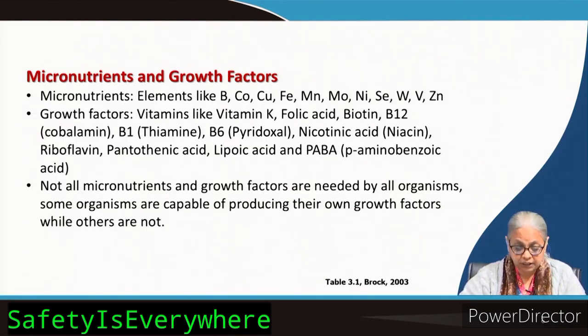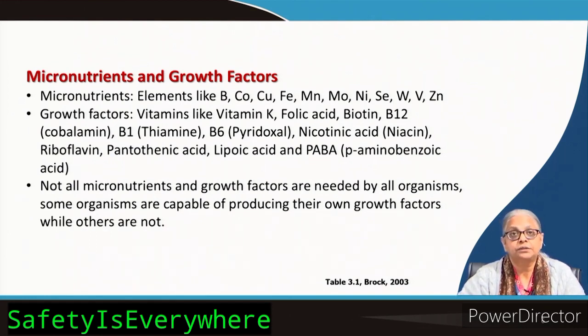Then we come to tungsten, which is part of formate dehydrogenases and oxotransferases of hyperthermophilic bacteria. Vanadium is part of vanadium nitrogenase and bromoperoxidase. Zinc is part of carbonic anhydrase, nucleic acid polymerase, and many of the DNA binding proteins.